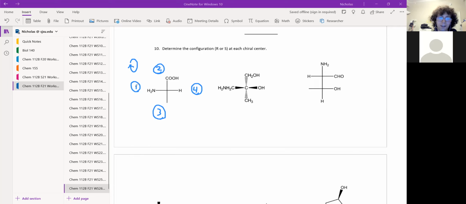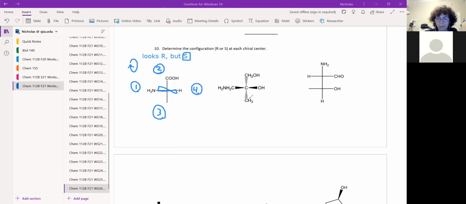It looks like it's R, yeah. But remember, this is a Fischer projection. So what does that mean about the hydrogen? Yeah, it's S. Because it's as if there are wedges here. Hydrogen's on a wedge, not a dash. It looks like it's R, so it's S. Okay.